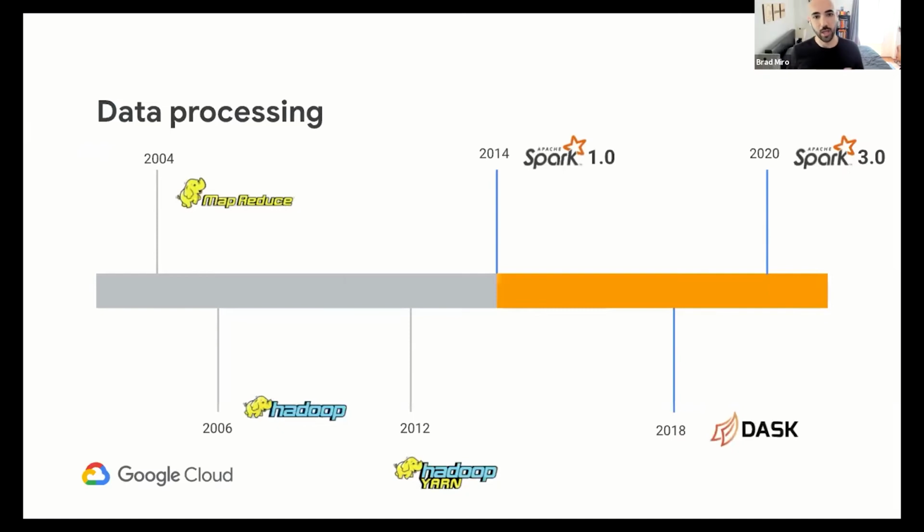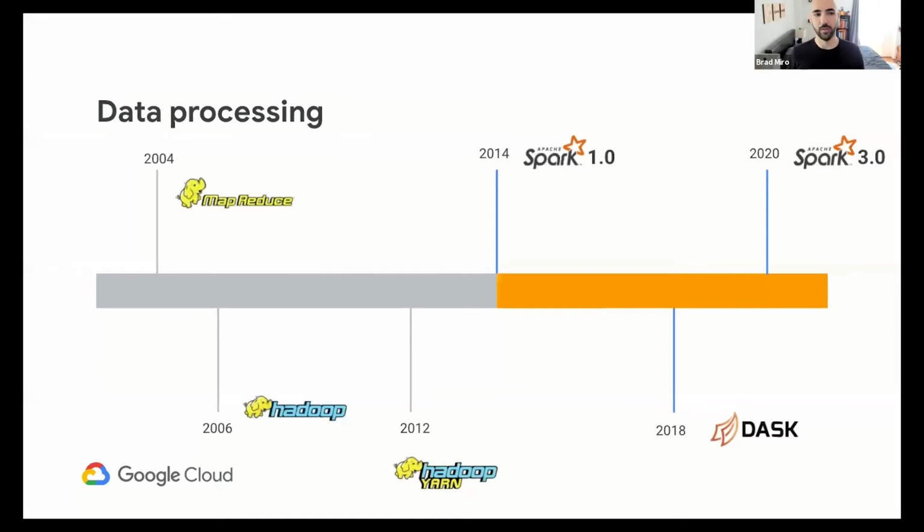In 2006, Hadoop was introduced, and this introduced the ability to have a distributed file storage system. There's actually a tool called HDFS, which is commonly used and used with MapReduce as well. These worked great for several years, but then one of the problems with using this model was the ability to really scale it, especially at the pace that big data was growing within the community. So that's where Hadoop Yarn came into play.